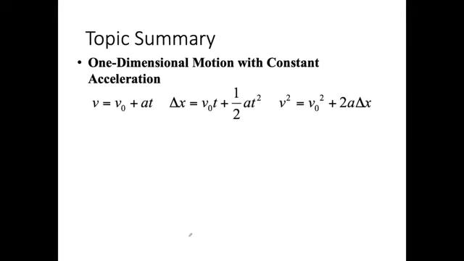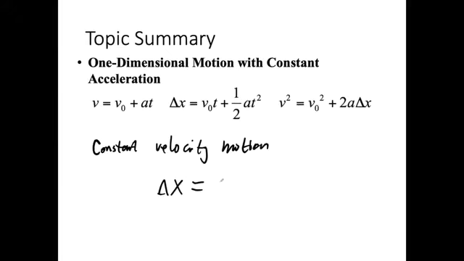And we have studied a special case of motion, which is motion with constant acceleration. Of course, we also learned constant velocity motion, and we said for constant velocity motion that basically is one kinematic equation. Your velocity is a constant, so your displacement is just the velocity times time.